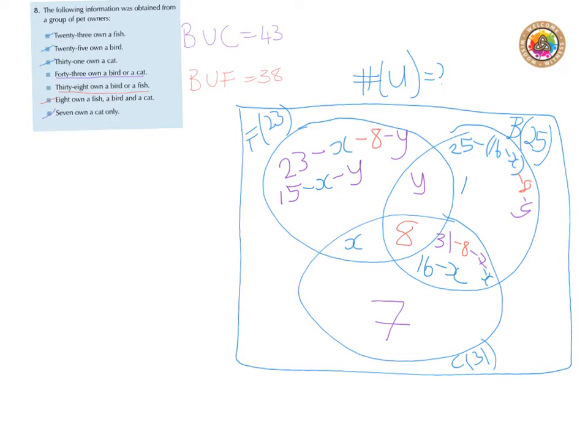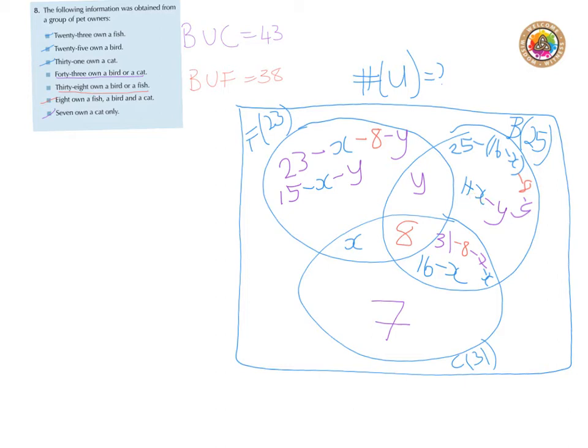Now, in my circle here, minus 16 gave me minus 9, but minus by minus X turns that X into a plus X, and it leaves me still with the minus Y. So just very carefully here, the signs. Minus by a minus is a plus.